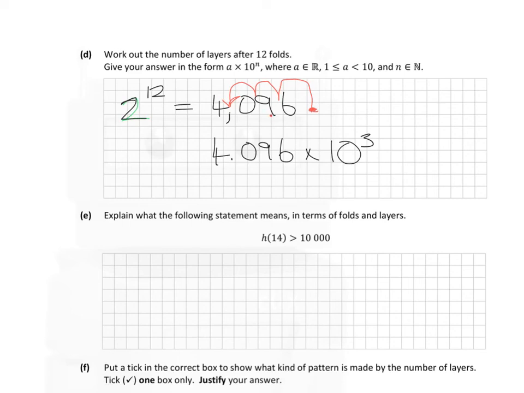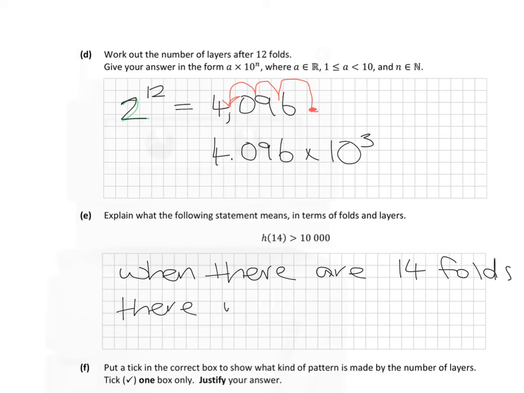That's the greater than sign, more than 10,000 layers. The whole function means the number of layers. So when there are 14 folds, there will be more than 10,000 layers.